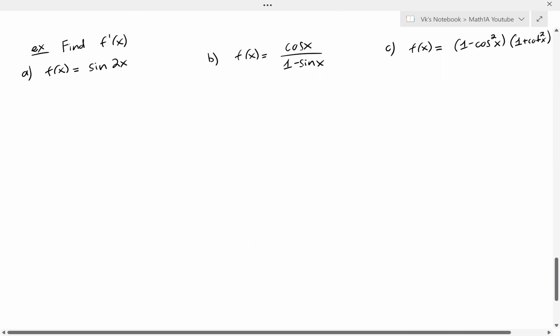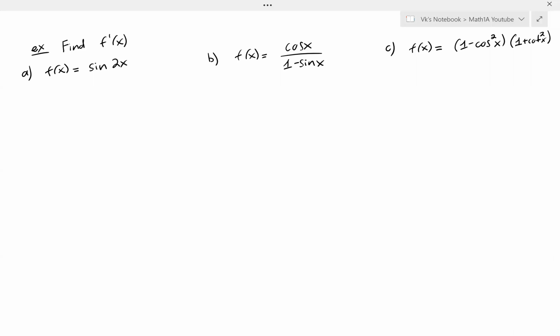Example, find f prime x. A, f x equal to sine of 2x. Before we do the derivative, we have to use the double angle formula. It's 2 sine x cosine x, and now we can find the derivative.